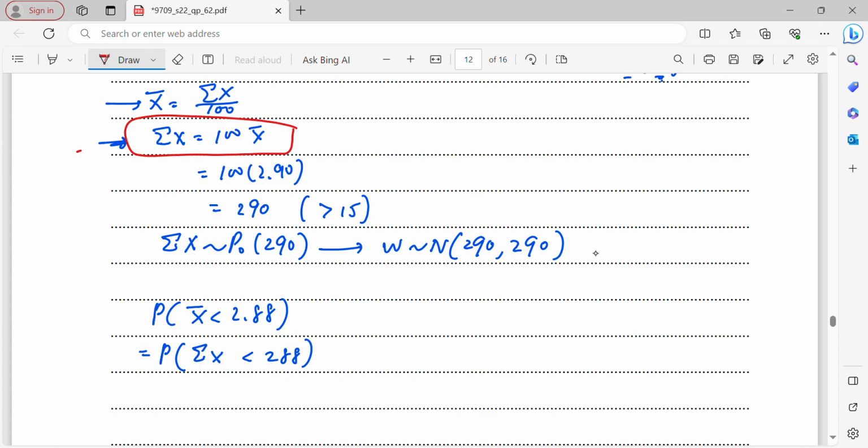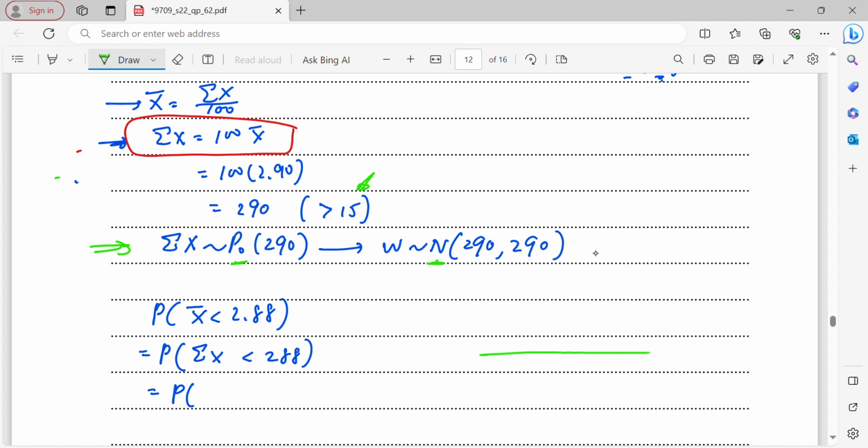Alright? So now when summation X is less than 288, remember the previous step, your summation X is Poisson distributed. Because the mean is greater than 15, we approximate to normal. So now from Poisson you change to normal, we need to carry out the continuity correction.